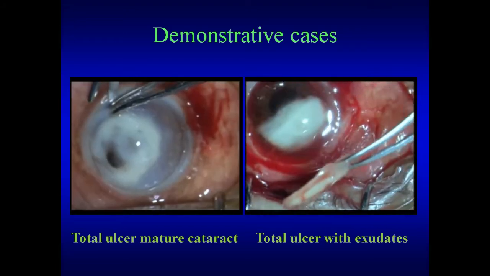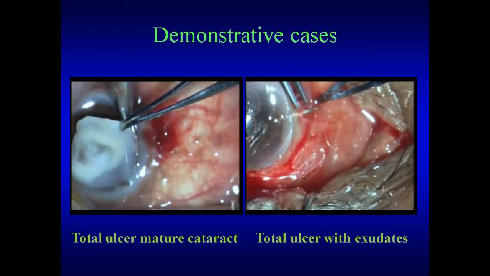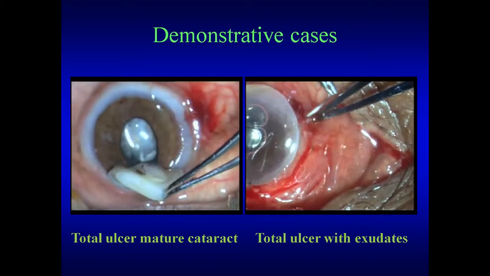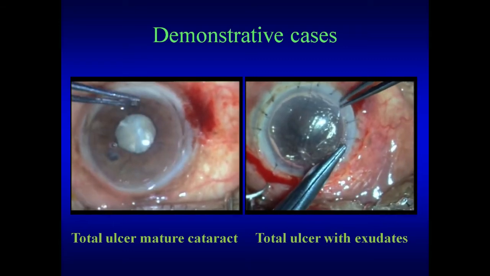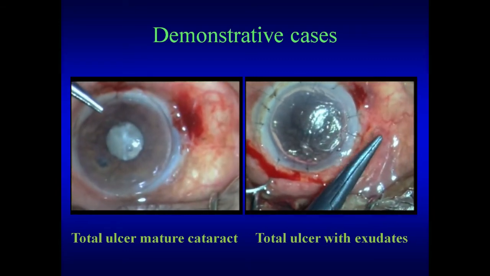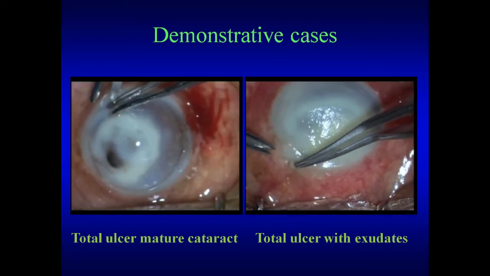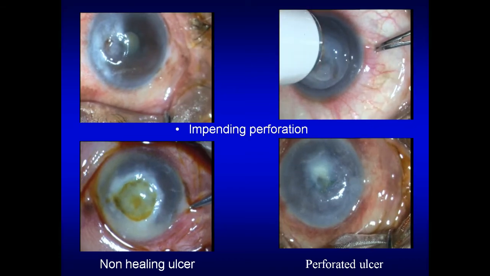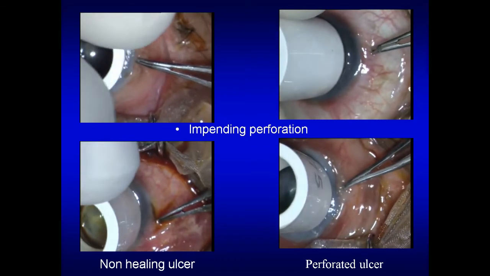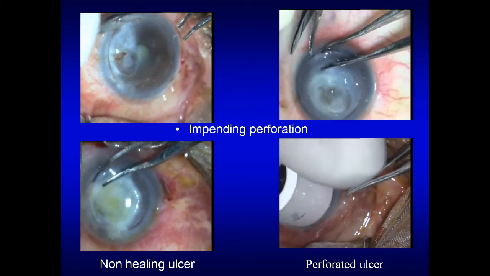It's very important, because if you remove that barrier, you are increasing the chances of endophthalmitis many fold. So do not handle the lens in such situations. And as you can see, in all my cases I use very good tissue. And these are a few other examples of perforation or impending perforation.